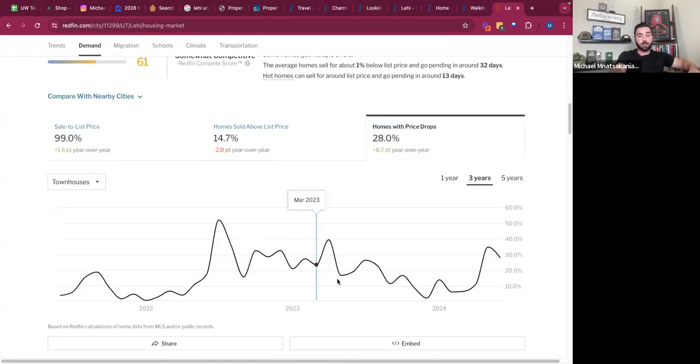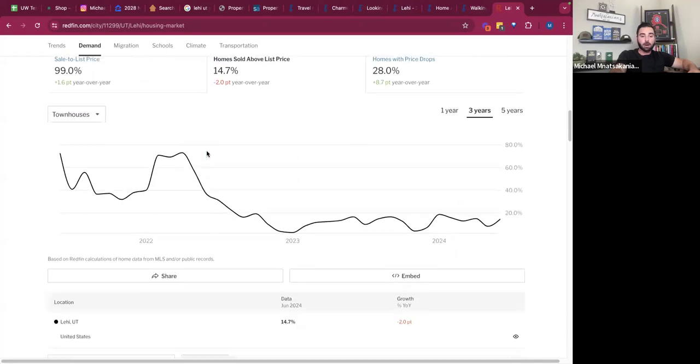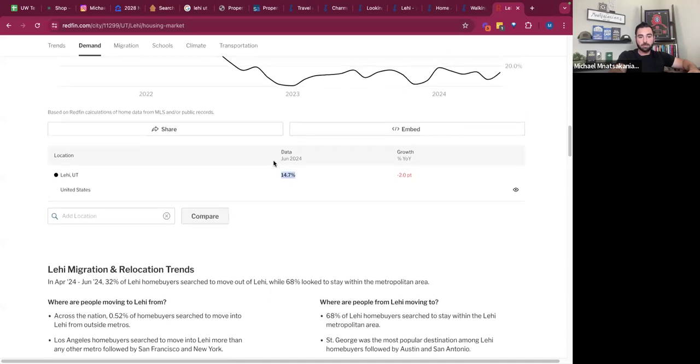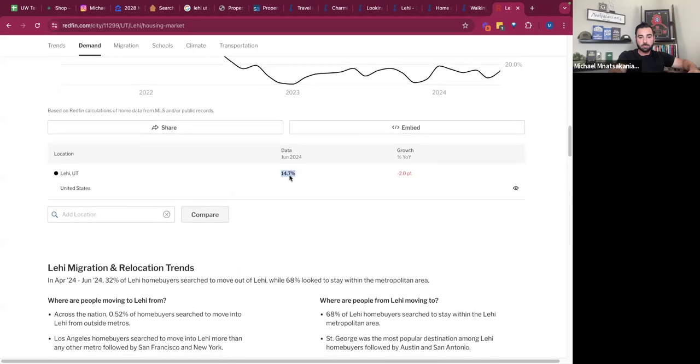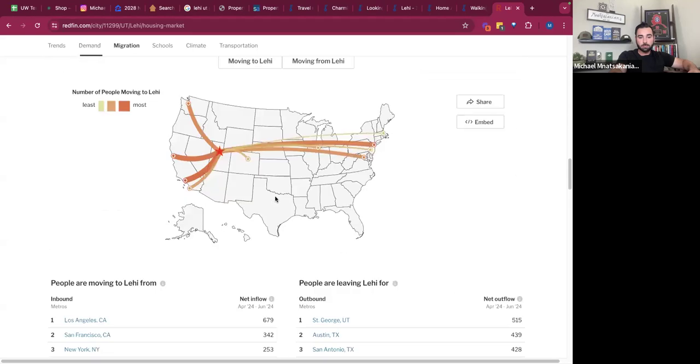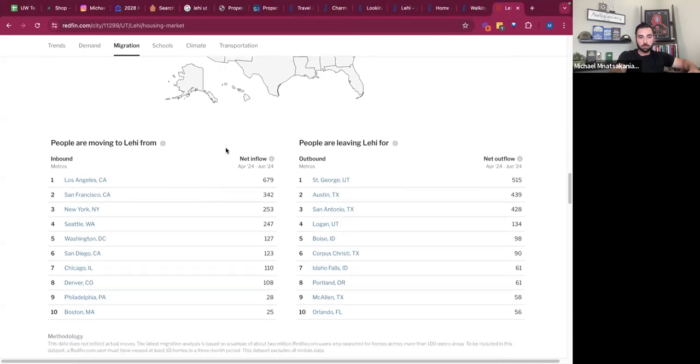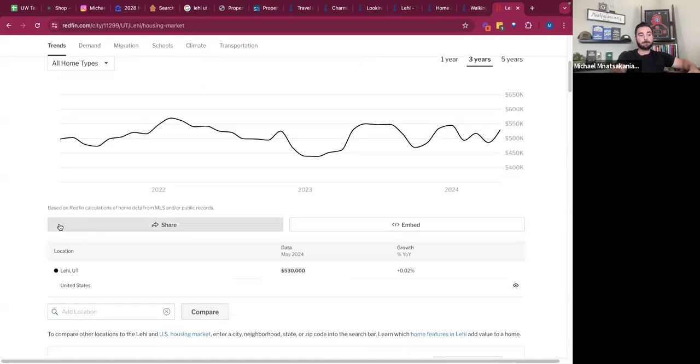They list a price and then it's dropping in value. All right. It doesn't say the appreciation. 14.7 what? Maybe it's population focused. Oh, at least all the people are coming from these markets. That's funny. Big markets.